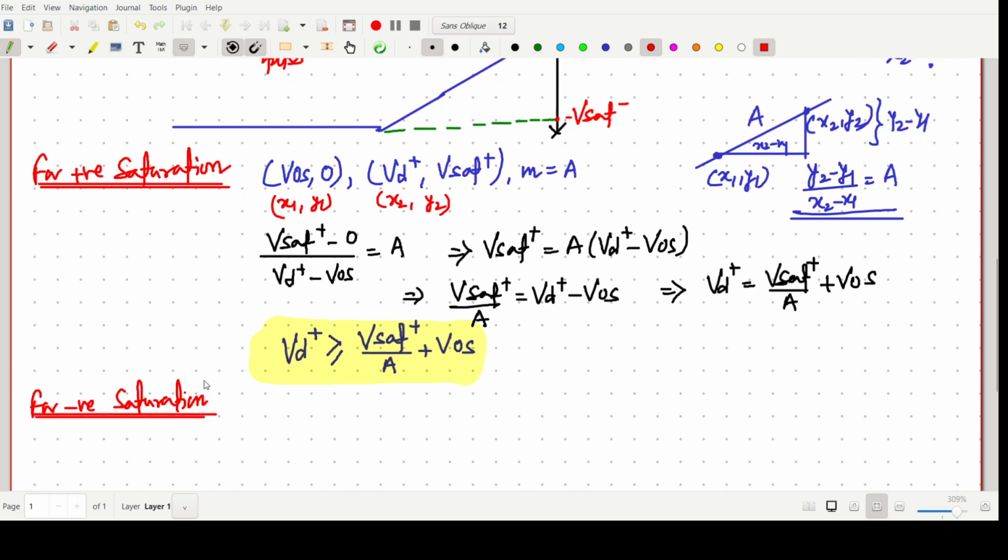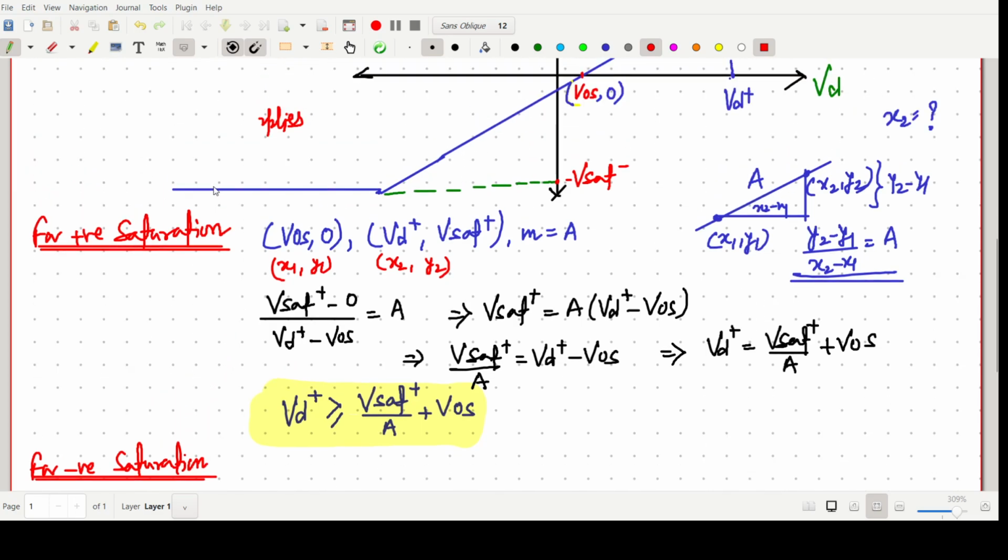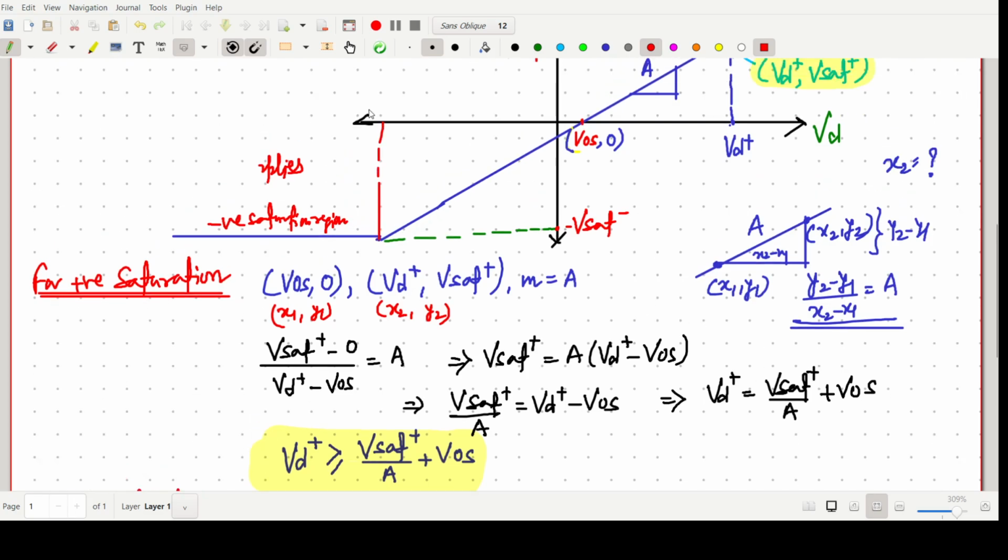Once again, for the negative saturation, this one is the negative saturation region, and this point is our minus Vd minus. This was on the negative Vd axis, so that's why I am putting minus Vd minus.